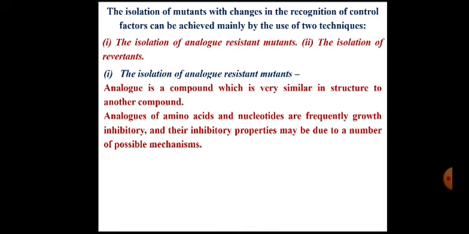Analogs of amino acids and nucleotides are frequently growth inhibitory, and their inhibitory properties may be due to a number of possible mechanisms. Now, here we are talking about the site of toxicity or the mechanism of toxicity that leads to the death of cells.